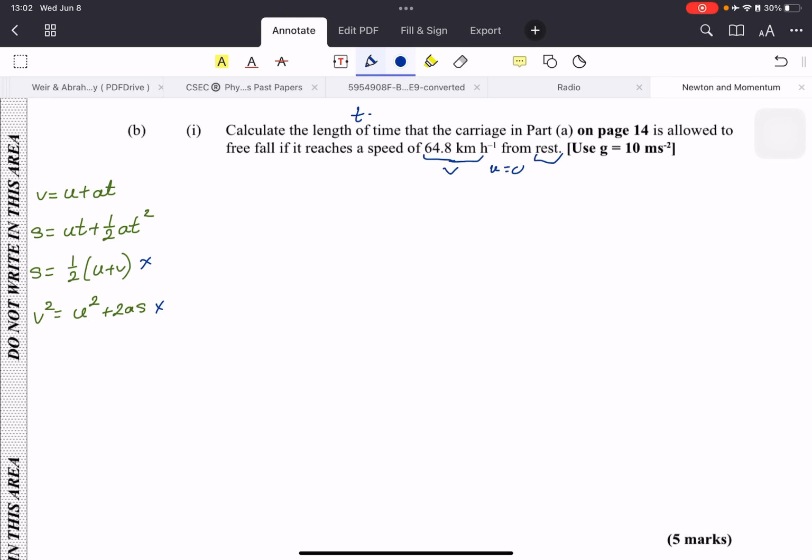Because it's from rest. So we have, oh, we do have a v in this one. So already we have our formula we need to use. See how easy? And obviously g, gravity, is our acceleration in this case, right? Okay, so now that we have our formula, v is equal to u plus at, all we have to do is plug it in.